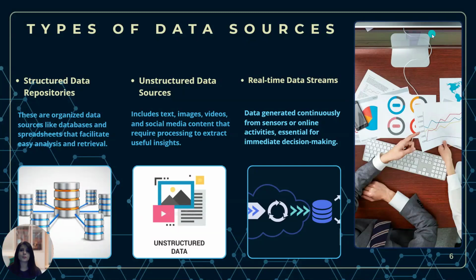And finally, the real-time data that's being acquired through streaming, data generated through different devices online during events and activities. That's very essential for decision making. So that's the third type, called data streams, the data received from real-time data streams.